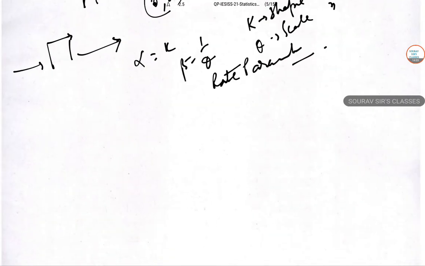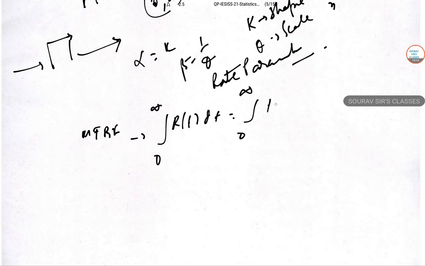So the calculation of MTBF: first MTBF is the integral from 0 to infinity of R(t) dt, equal to the integral from 0 to infinity of t f(t) dt. So this is the density function which we are talking about, of the time until failure.